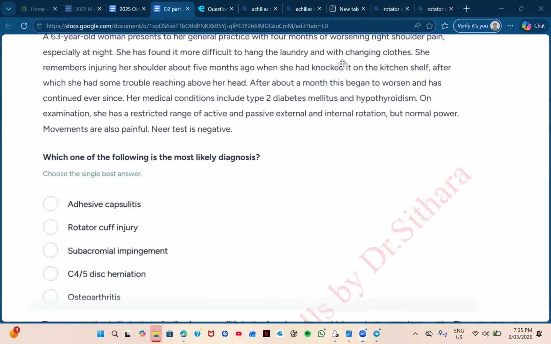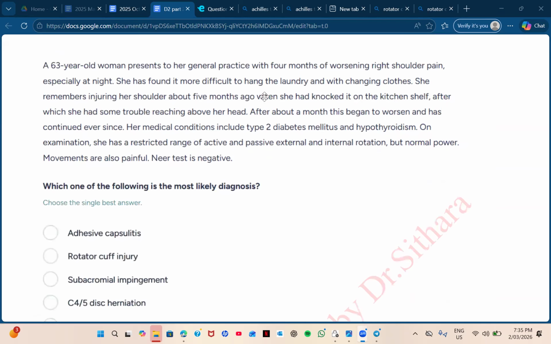Okay, so now tell me, what are the key features that we can take from this stem? Tell me, doctors, because those are the things that should be in your mind before your exam.